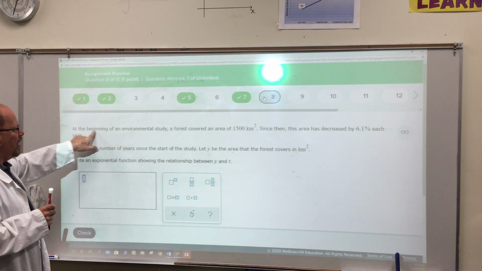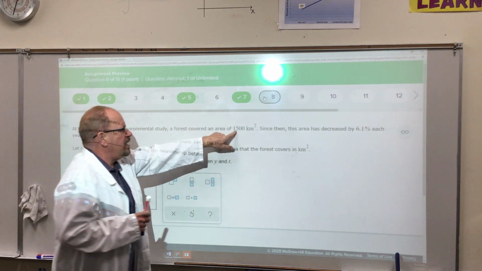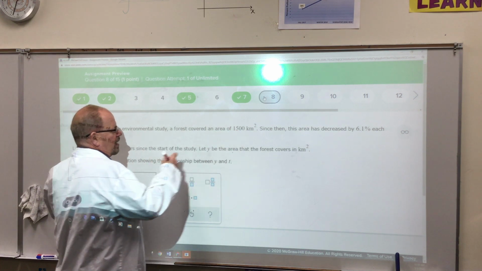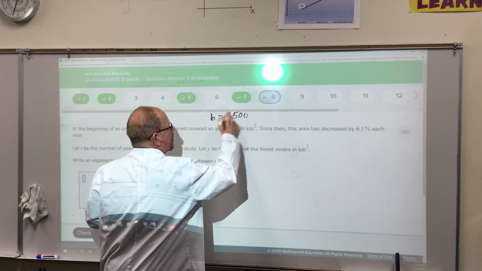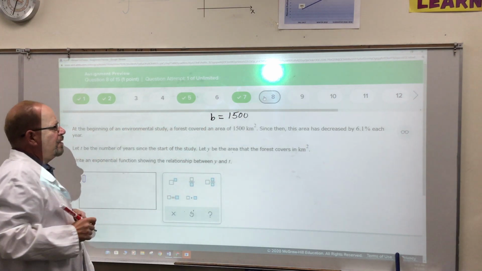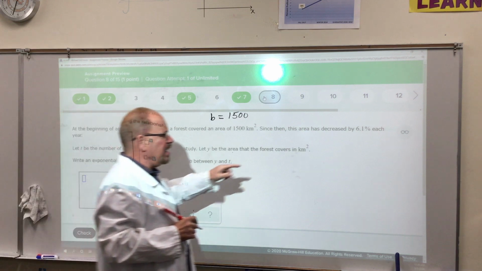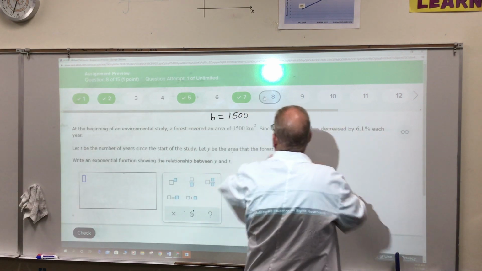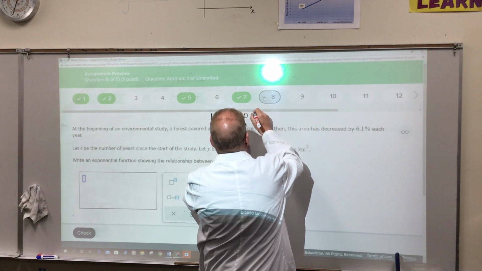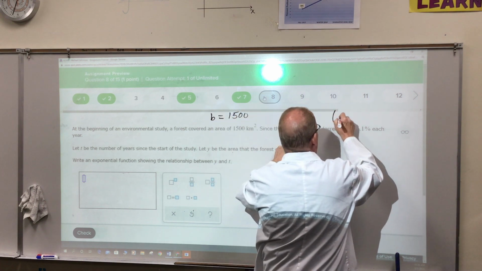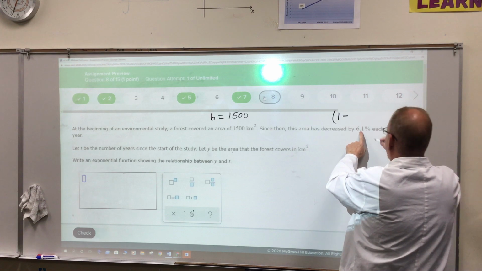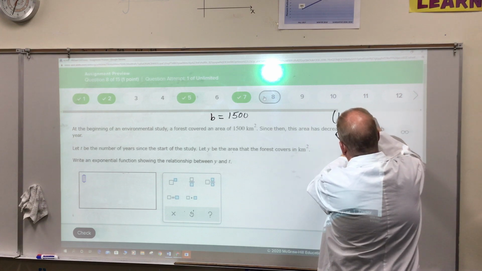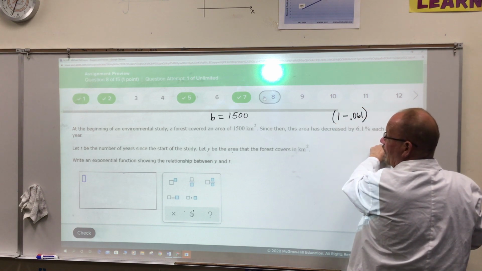At the beginning, B is 1500. This area has decreased by 6.1%, or 0.061 as a decimal each year.